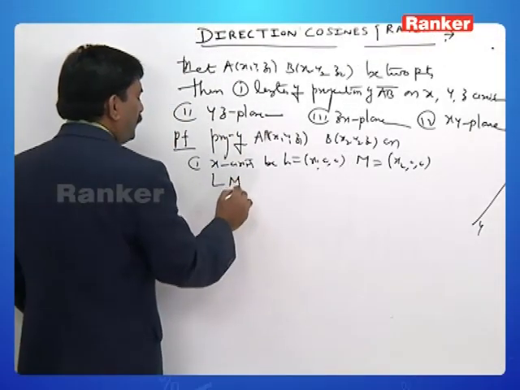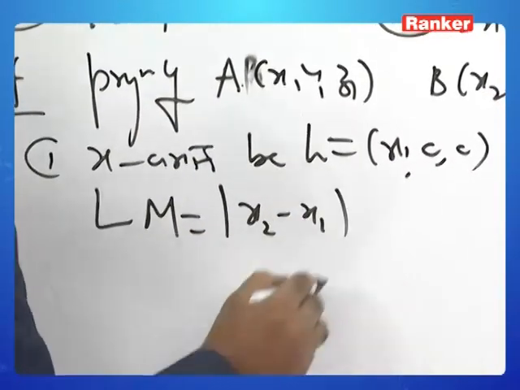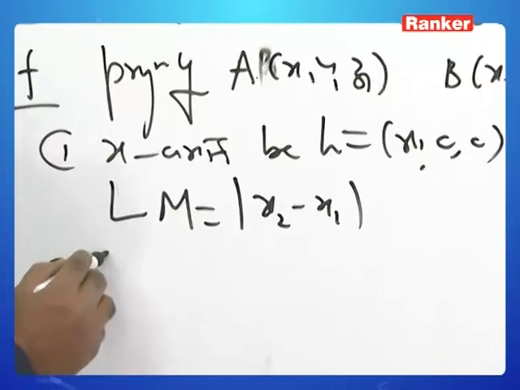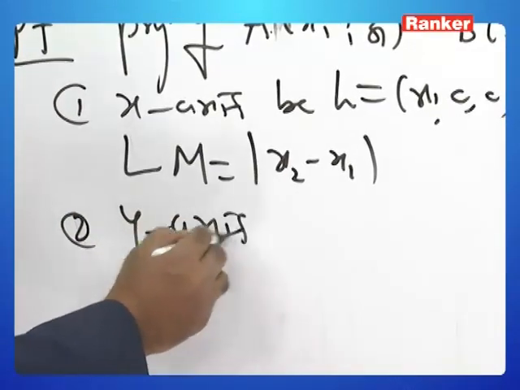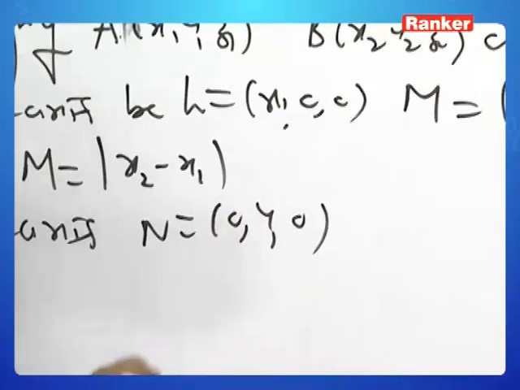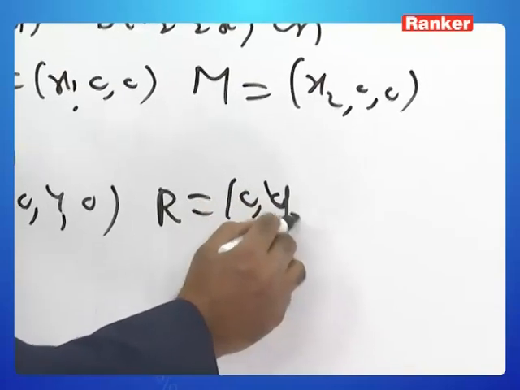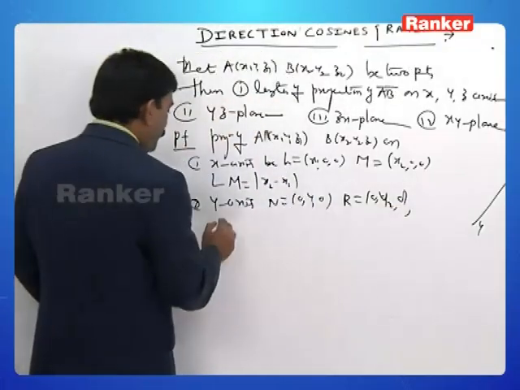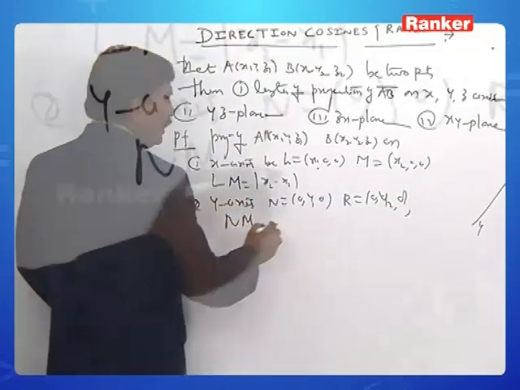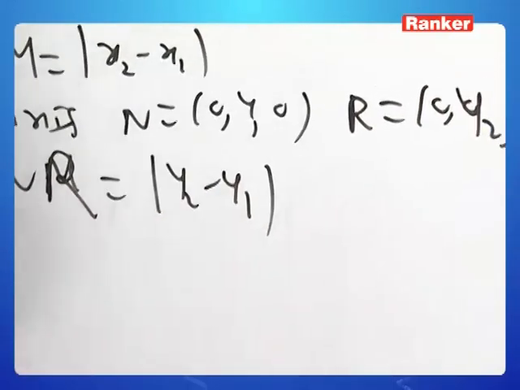Length is asked, therefore length is equal to modulus of x2 minus x1. Second, on the y-axis: N is equal to 0, y1, 0 and R is equal to 0, y2, 0. So NR is equal to modulus of y2 minus y1.